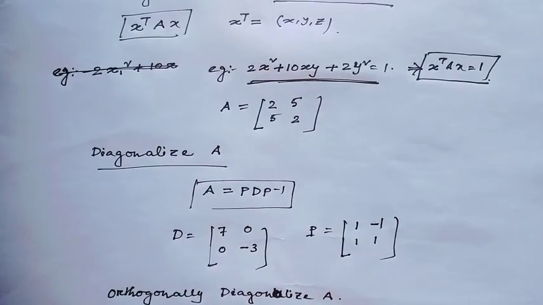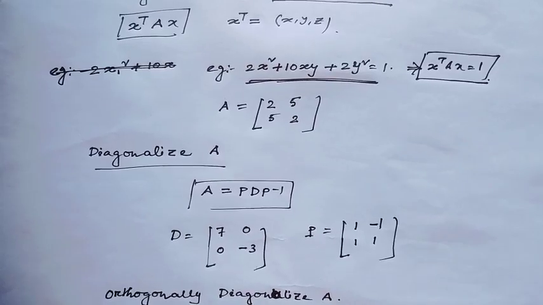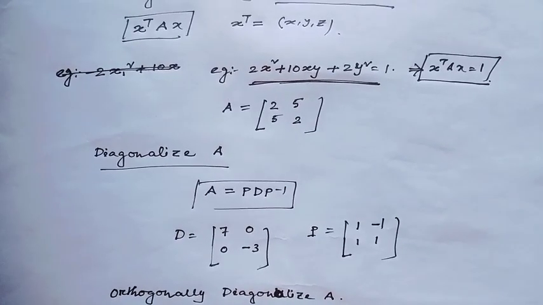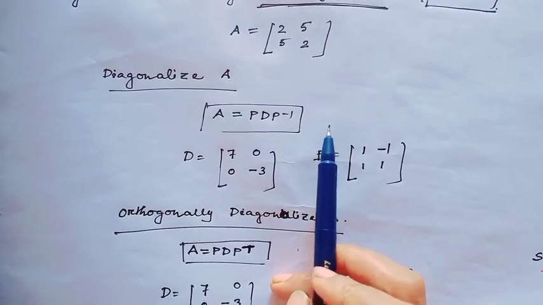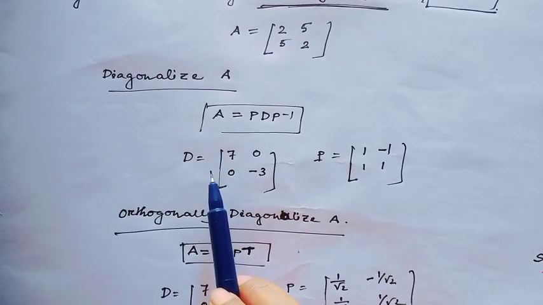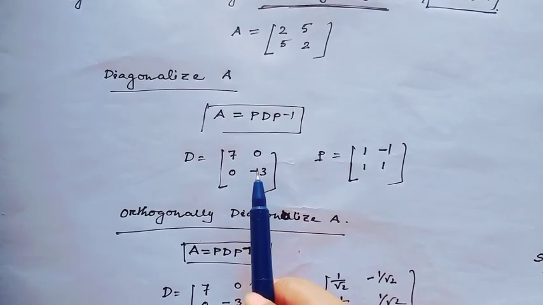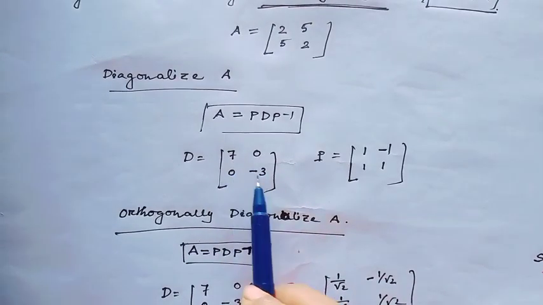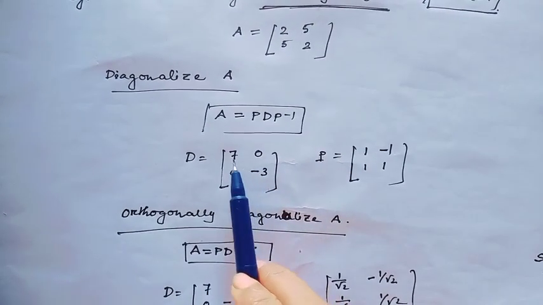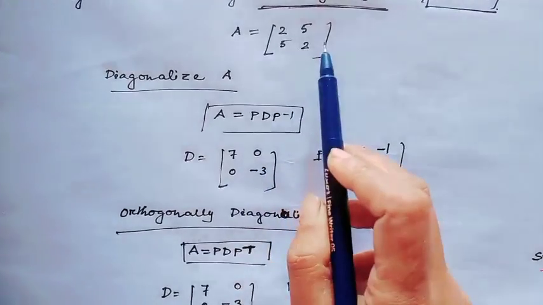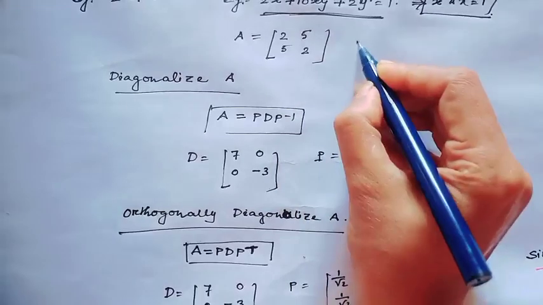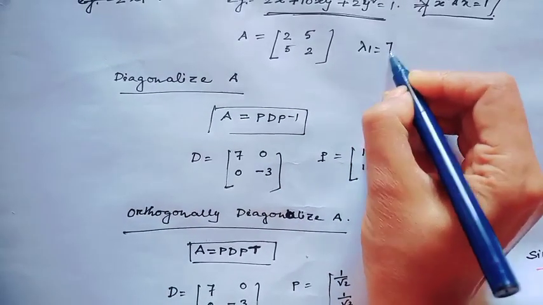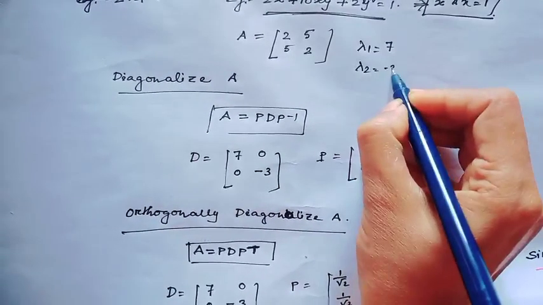For this I will just diagonalize A, and the concept would be A equals PDP inverse, where D is the diagonal matrix whose diagonal entries are only the eigenvalues of the matrix A, and the eigenvalues are lambda 1 equal to 7 and lambda 2 equal to -3.